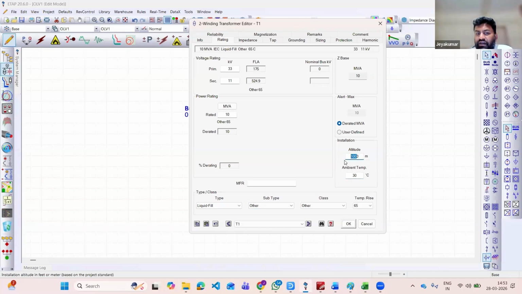Because when the transformer altitude changes, generally up to 1000 meter altitude, measured from sea level as the base, right? Up to 1000 meter there won't be any derating. When you go beyond, maybe 1500, you see that your transformer will be derated, right?